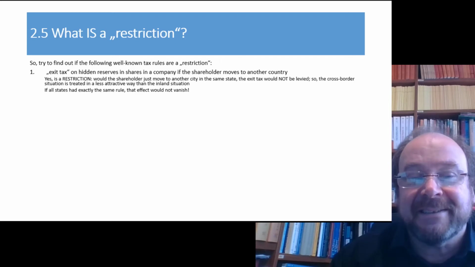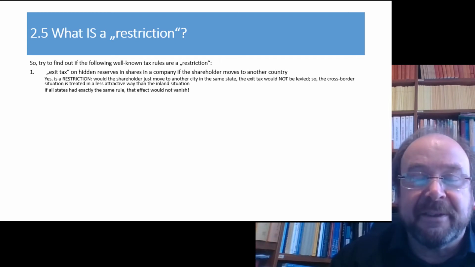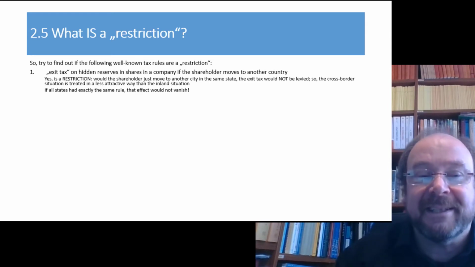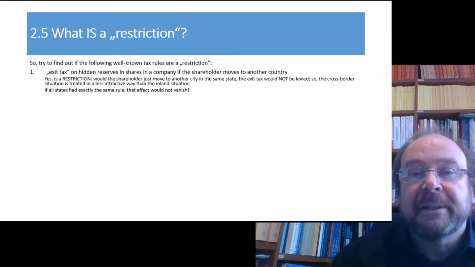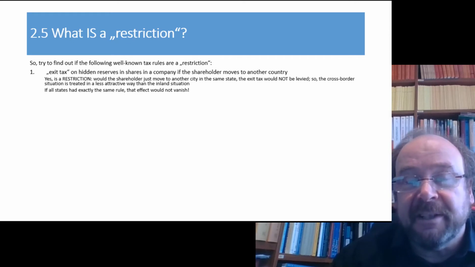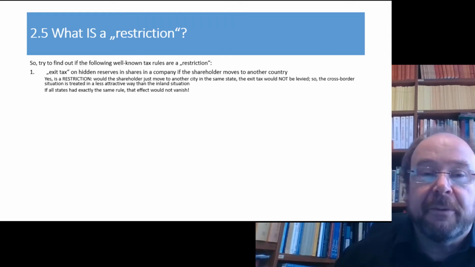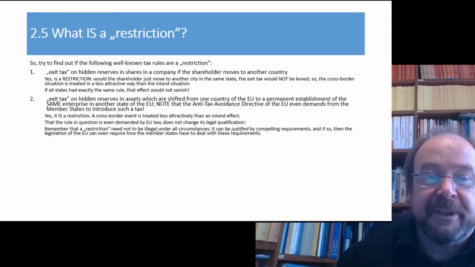And the answer is yes, naturally it is, because if you move to another country, you pay an exit tax. If you just move inside your own country, nothing happens. And test, would the effect vanish if all states had an exit tax? And so on. The answer is no. So indeed, this is a restriction.